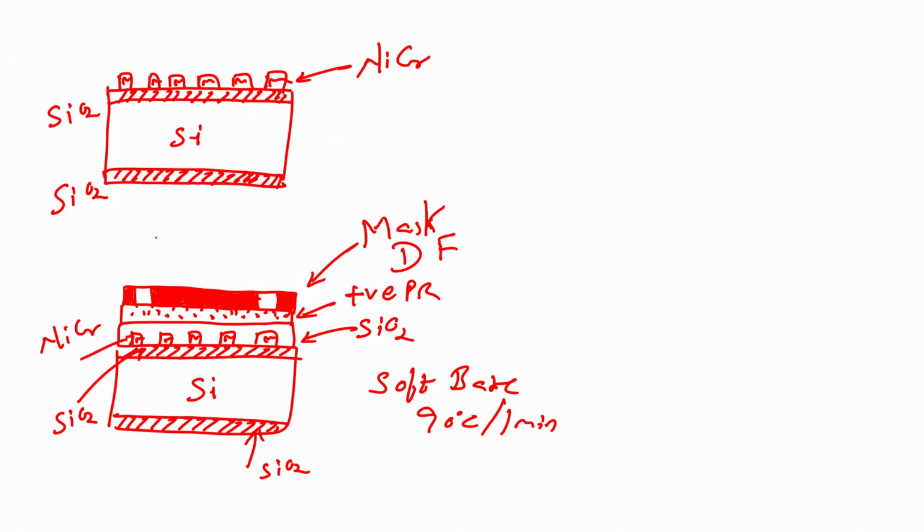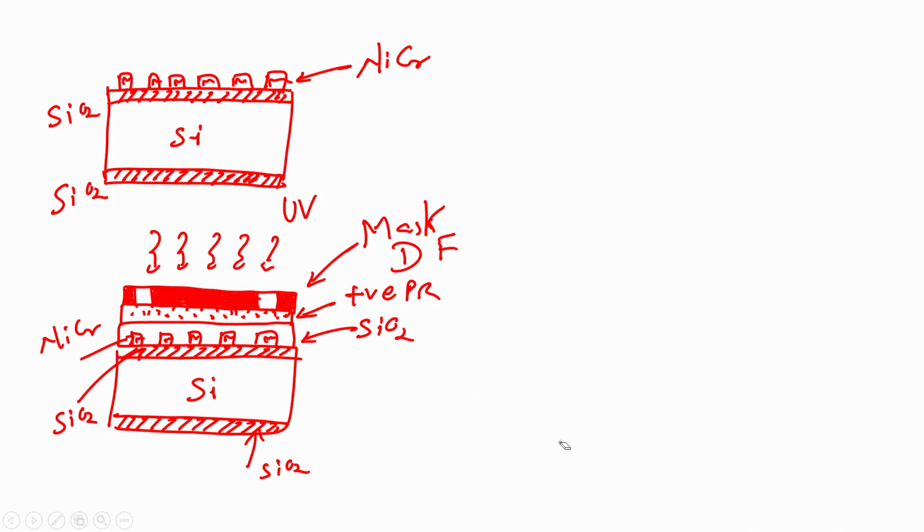The next step is I will expose this wafer with UV light. After exposing, I have to develop the wafer, using photoresist developer.